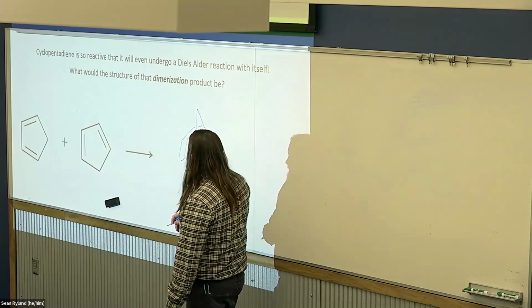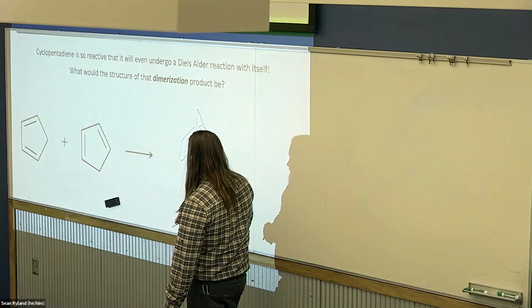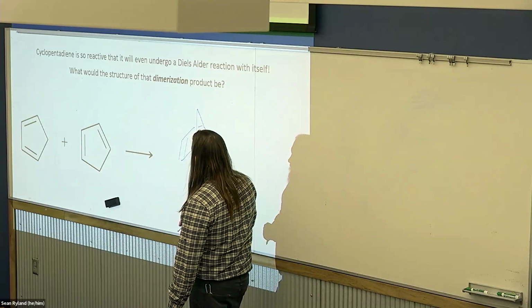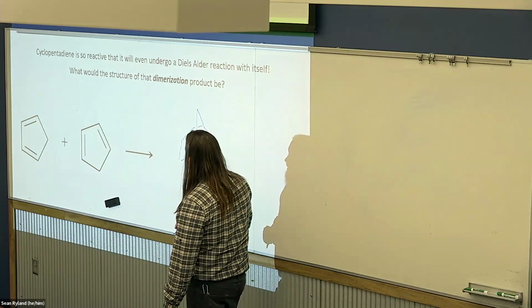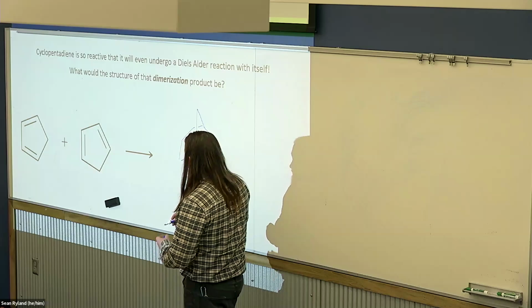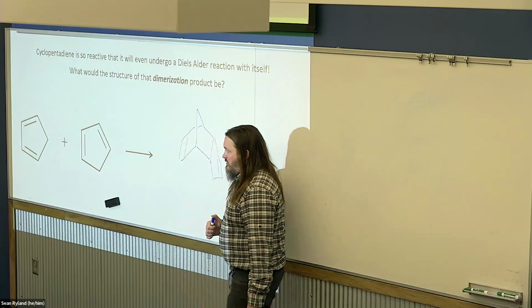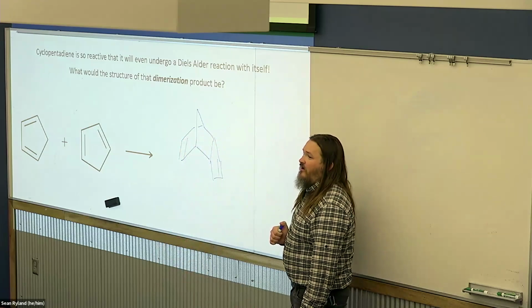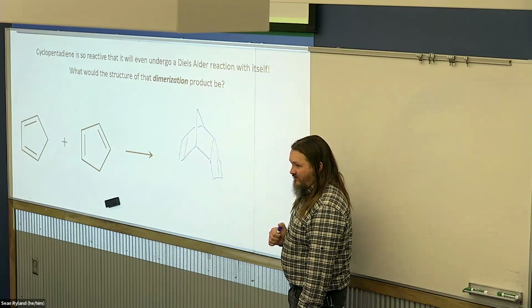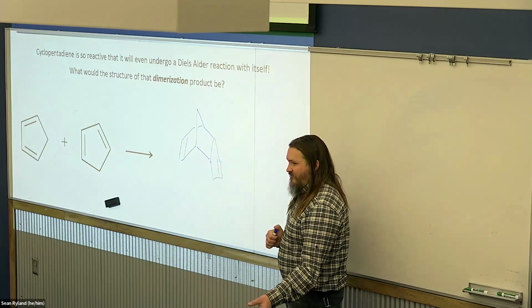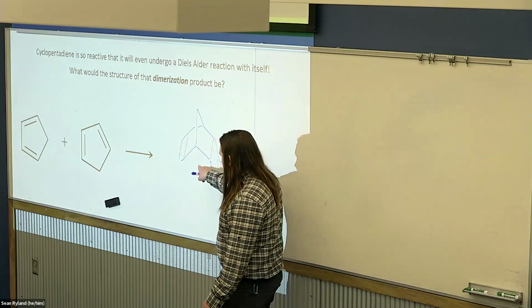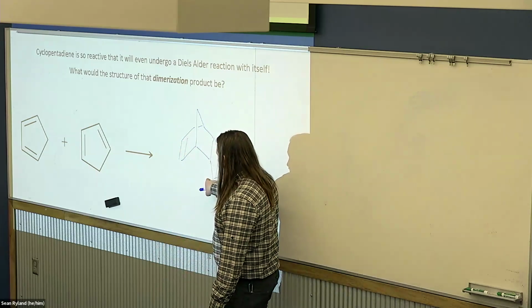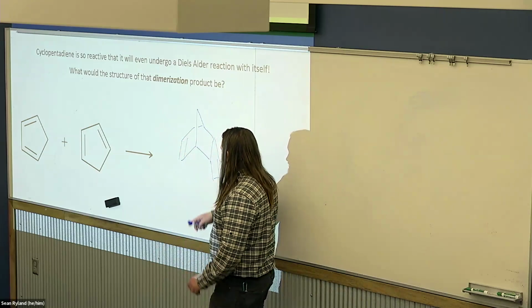But the cyclopentyl group at the very far right could be on the other. Yes, you're right, we would get more. We'd get both exo products and both endo products would be the other way to see the possibilities, right? So this is our endo, one endo product.